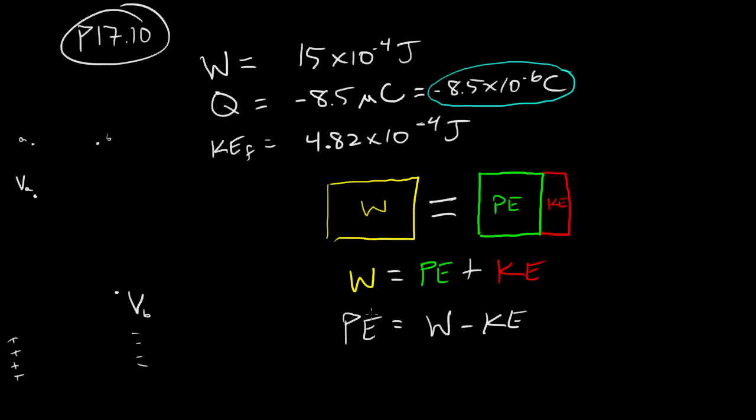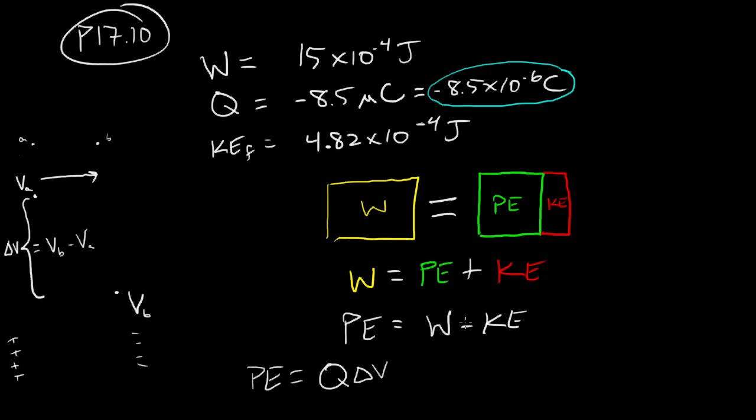So this is all of the energy that was put into the system that didn't turn into movement, basically. But we're not looking for potential energy, we're actually looking for the potential difference. This is delta V, which equals V final, VB, minus V initial, which is VA. So now the potential energy we know is equal to Q times that potential difference.